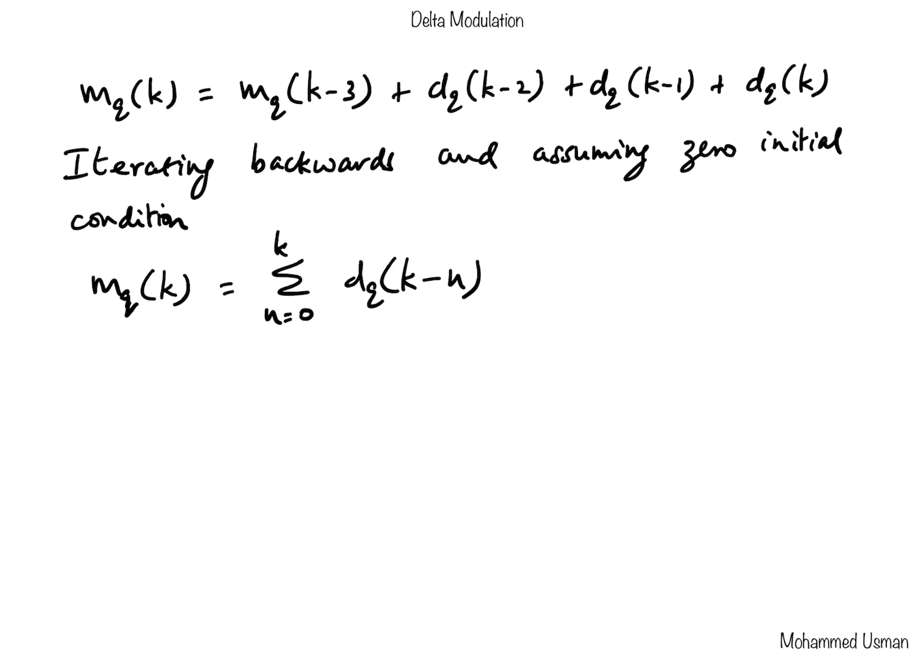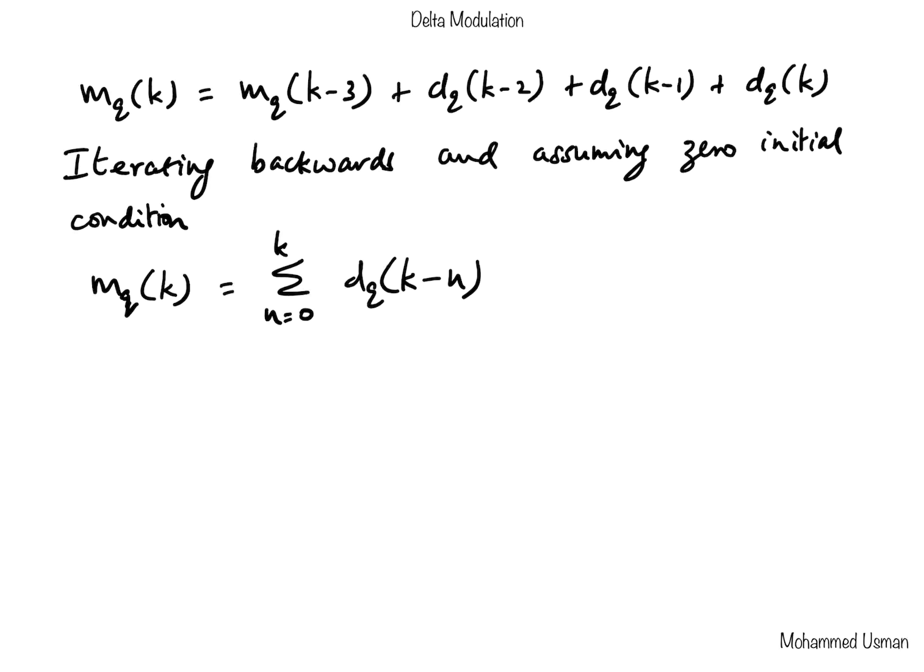So when n equal to 0, if you notice here, we'll get dq of k, which is this first term. Then n equal to 1, we'll get dq of k minus 1, which is this term, plus dq of k minus 2 and so on up to dq of k minus k, which is dq of 0, plus mq of k minus something, and that initial condition we will assume to be 0.